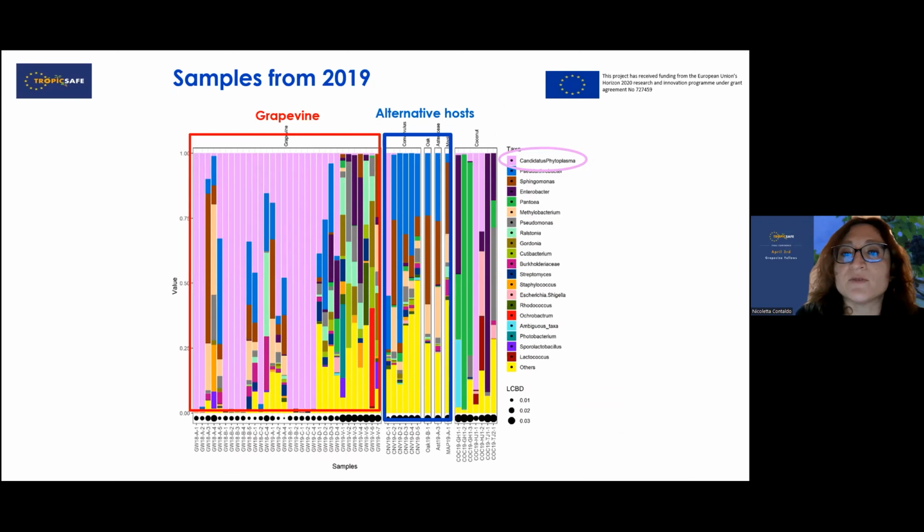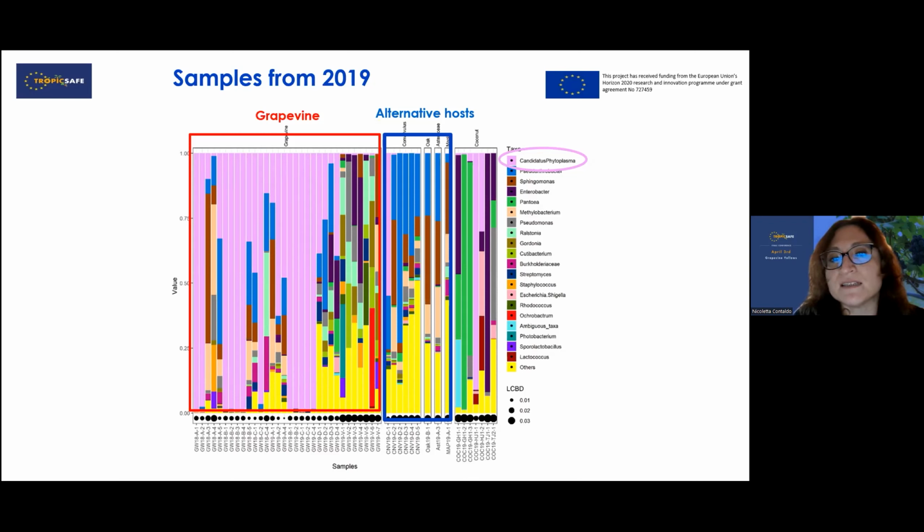And here are the results on the bacterial composition in the different samples, and the phytoplasmas are colored in pink. As you can see from the graph, most of the grapevine samples were severely infected with phytoplasmas, which are the most abundant bacteria inside the plants, while only a few samples show a different composition in bacterial communities.